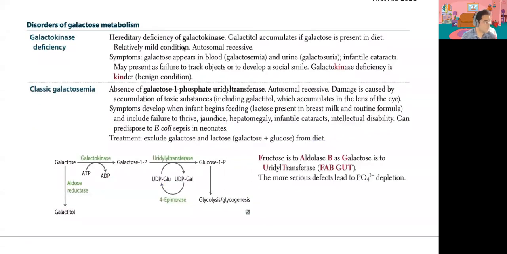Galactokinase deficiency: it's galactokinase that's deficient, autosomal recessive. Same thing with GALT deficiency, autosomal recessive. There's a nice way to remember it: fructose is to aldolase B as galactose is to uridyl transferase, so Fab gut.